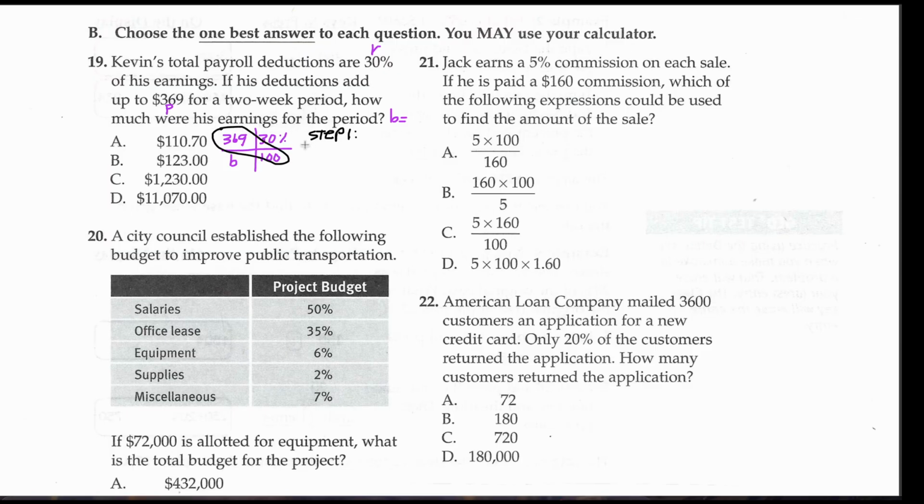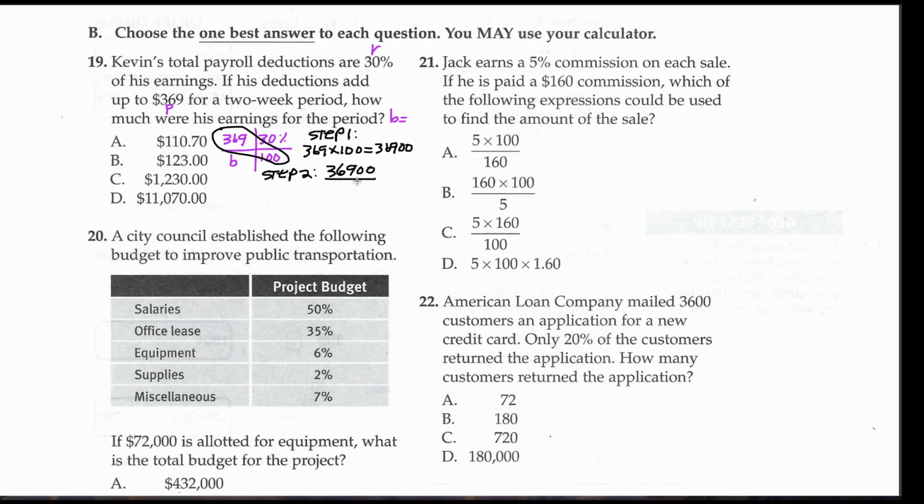Okay, so 369 multiplied by 100, I get 369 and 2 zeros. So step 2, I divide the answer from step 1, which is 36,900, by the leftover number, which is the 3.